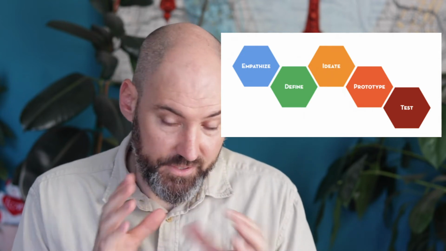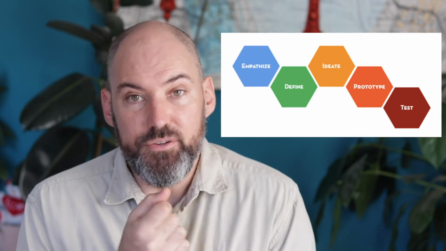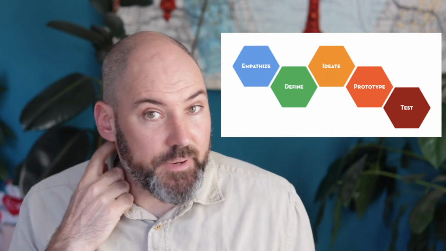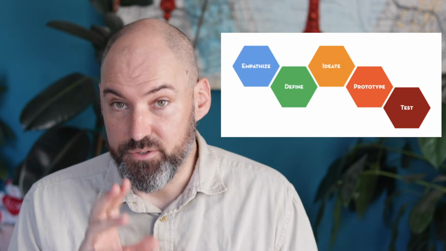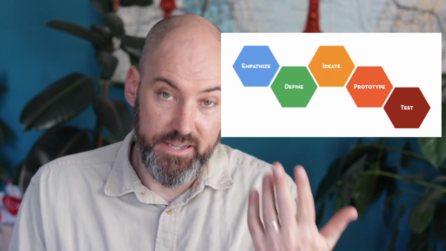I'm going to teach it to you in a linear way, which is you start with a sense of empathy for users, then you define a challenge, you come up with a frame on it, you ideate, you come up with lots of ideas about how to address the challenge with that particular vantage point, then you do rapid prototyping and you test it, and then maybe you start over again and you do a bunch of iterations. As you all know, it's not always a linear process, but the way we'll be doing it in class is more or less linear.